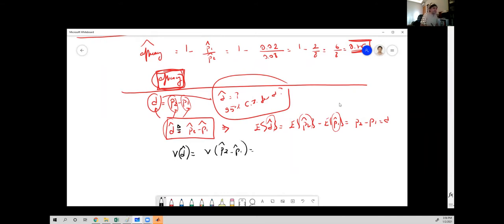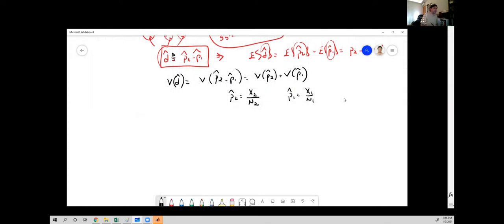Now, since they are two independent populations, I can easily write it that way. Now, P2 hat, what is it equal to? It is equal to X2 over N2. And P1 hat is X1 over N1. That's great. Now, the variance of P2 hat is going to be, since N2 is constant, X2 may change for different samples. Therefore, it's going to be equal to 1 over N2 squared times the variance of X2.